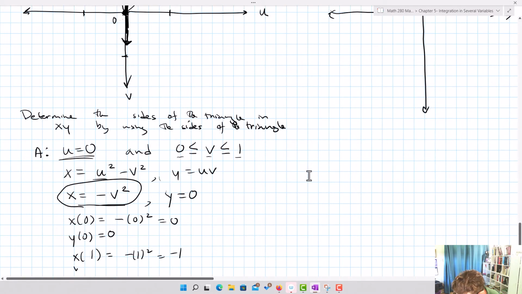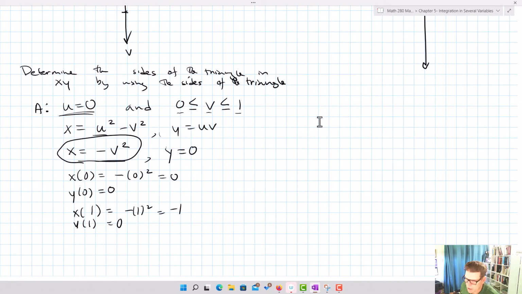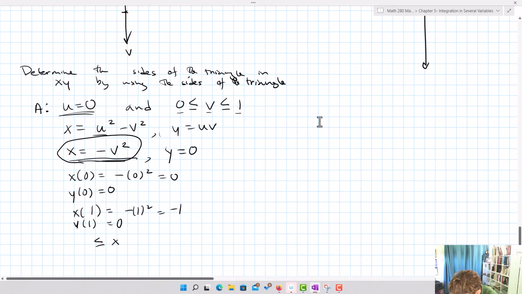Again, Y of 1 is just going to equal 0, because we've got the constant function 0. So essentially that line is going to be on the x-axis, and X is going to be greater than or equal to negative 1 and less than or equal to 0.